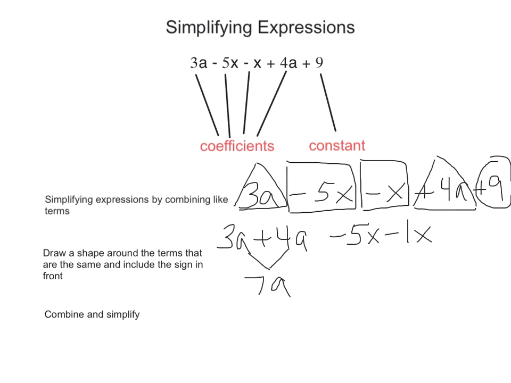And then negative 5 minus 1 is negative 6, and I'm going to write negative 6x. And then I have my plus 9. And then I'm just going to combine them all together. So I have 7a minus 6x plus 9.